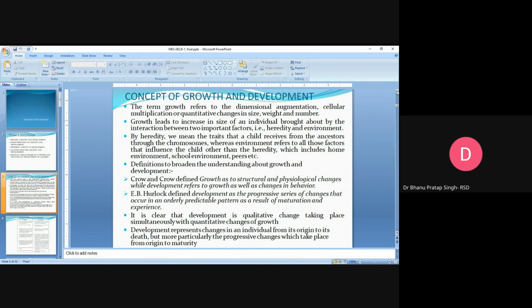Another example, if we take a small plant, and after a period the plant becomes a tree, that is growth. So growth leads to an increase in size of the individual, brought about by the interaction between two important factors, that is heredity and environment.